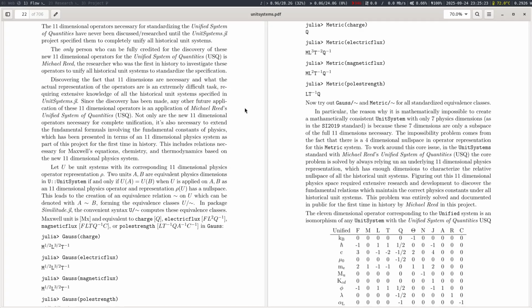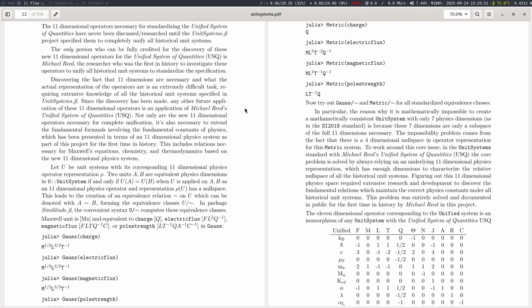So that's why I'm the person who's credited for it, basically, right? So discovering the fact that 11 dimensions are necessary and what the actual representation of the operators are is an extremely difficult task requiring extensive knowledge of all the historical unit systems specified in UnitSystems.jl.